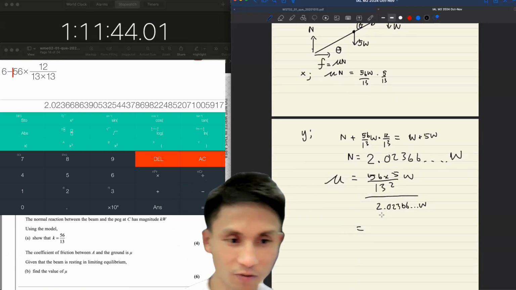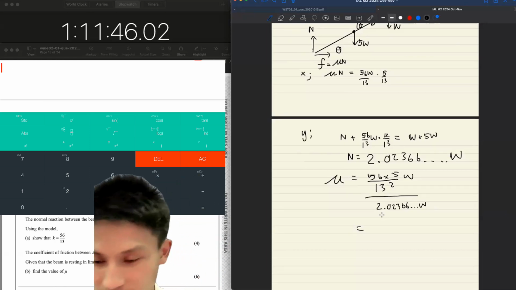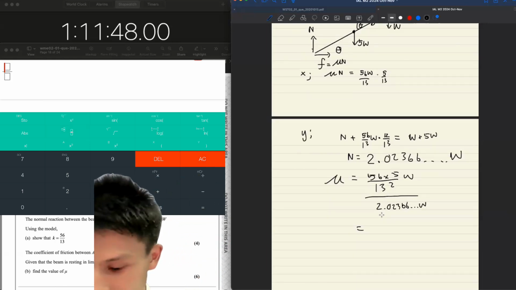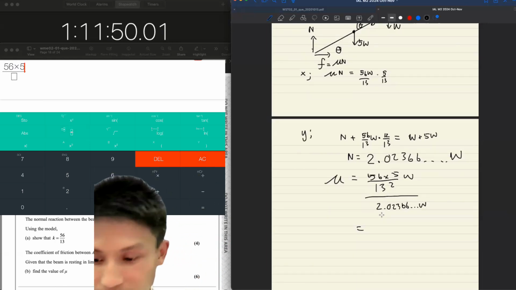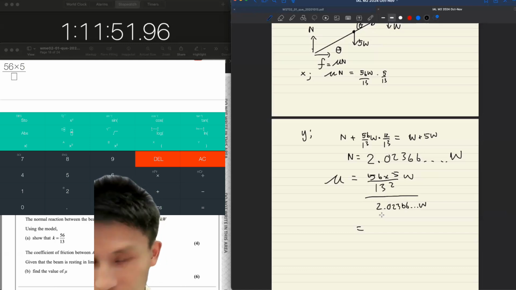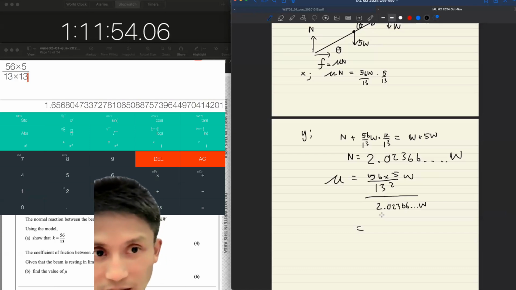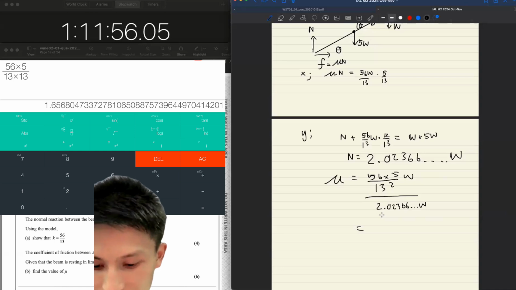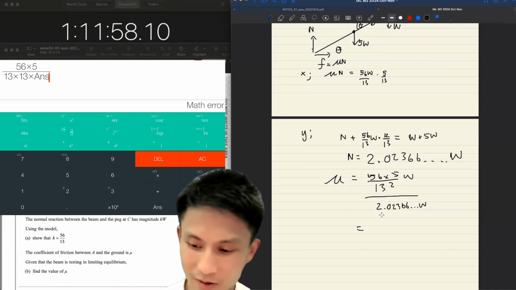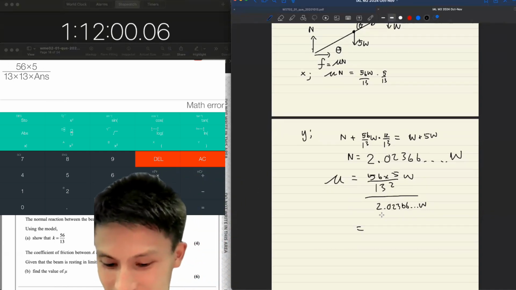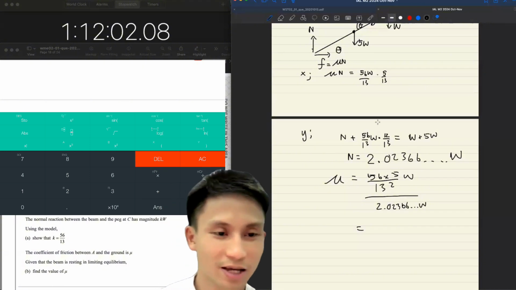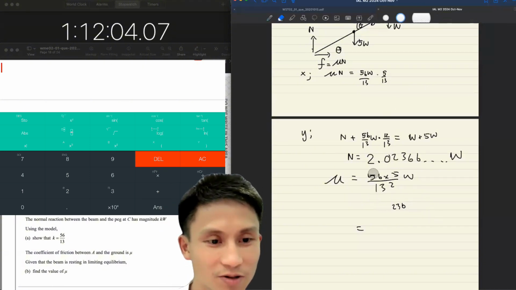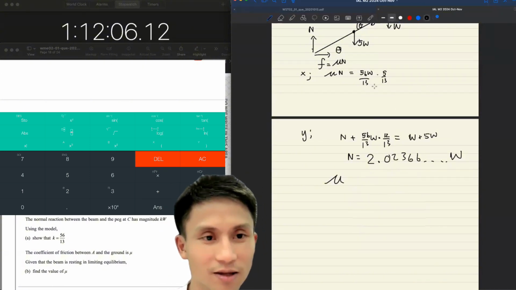I'm going to follow through this answer, doing 56 times 5 divided by 13 times 13 and then times the answer. Math error? Okay, I'm going to just do everything again.